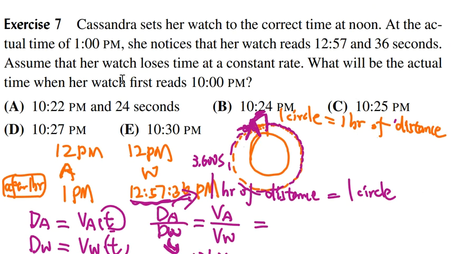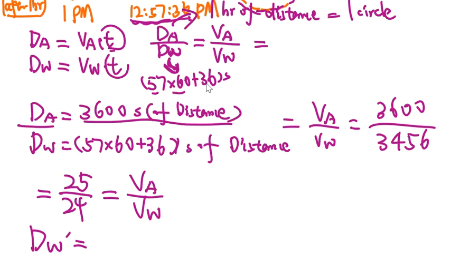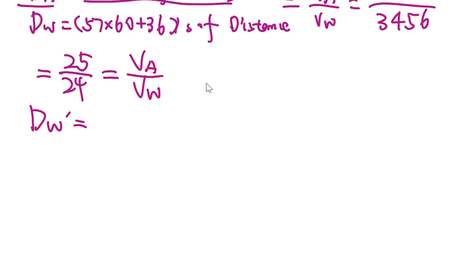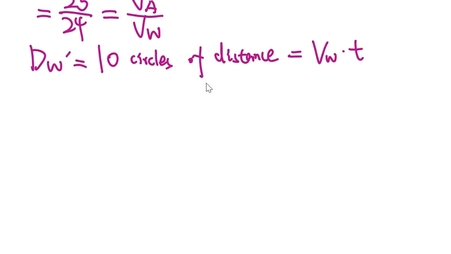Now what will be the actual time when her watch first reads 10 p.m.? Actually, it means that her watch goes 10 circles, right? 10 circles of distance, and it is going to be VW times t', because this is a different time.